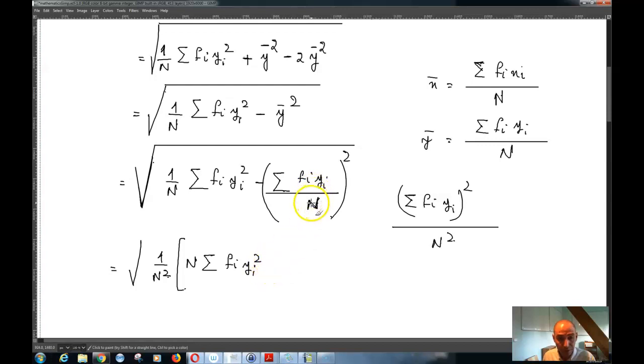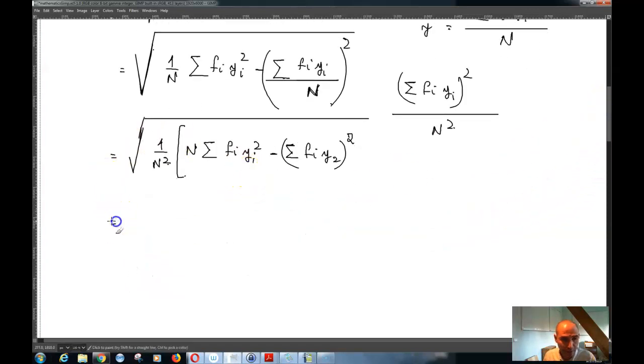And again, this is already n squared, so I would be left with negative sigma of f of i y of i, whole squared. Now I have this 1 over n squared under the square root function.